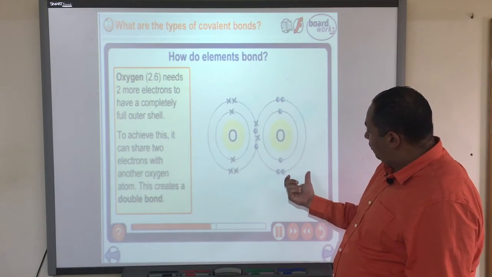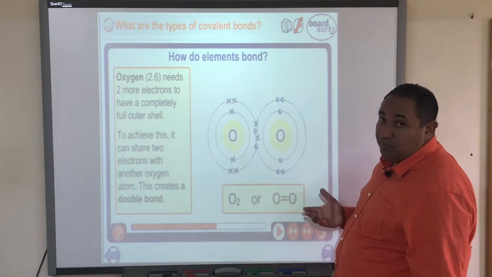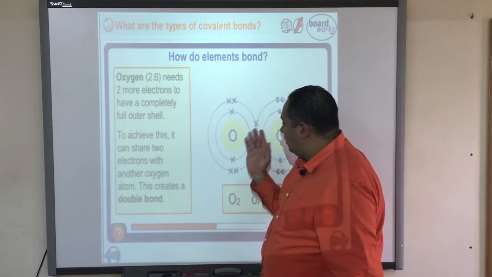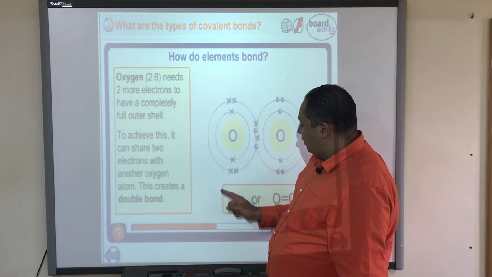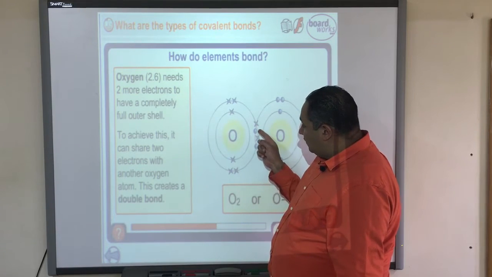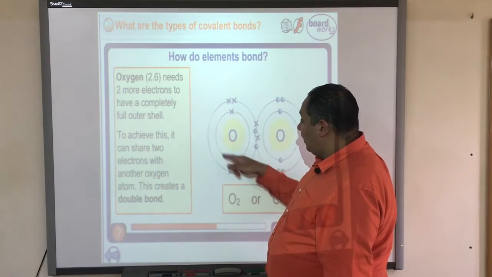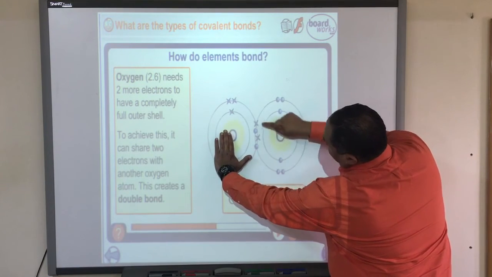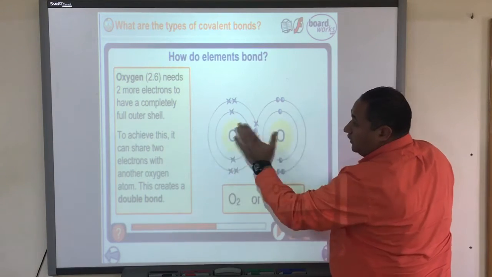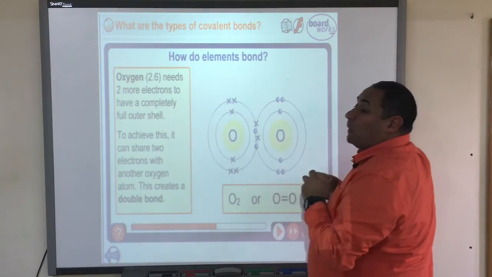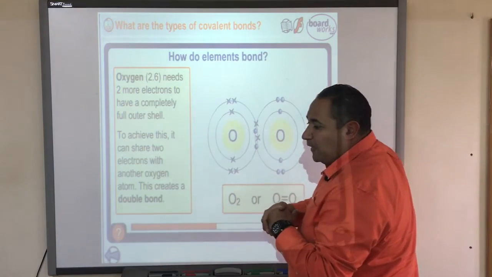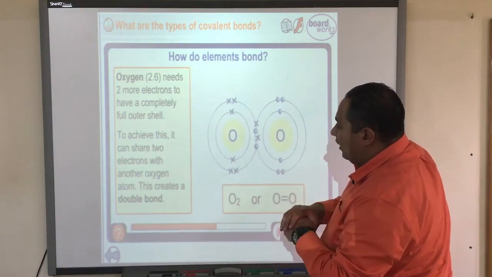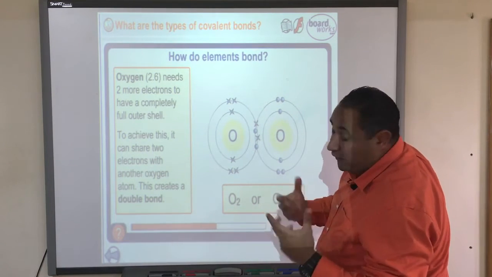This one will share with this one with 2 electrons. How can you make sure that it reaches the perfect structure? When you cover this here, you have 1, 2, 3, 4, 5, 6, 7, 8. I have 8 electrons. And if you cover this, you have 1, 2, 3, 4, 5, 6, 7, 8. Now we have 8. Each one of them seems to be having 8 electrons in the last shell. So that's how they feel more perfect.